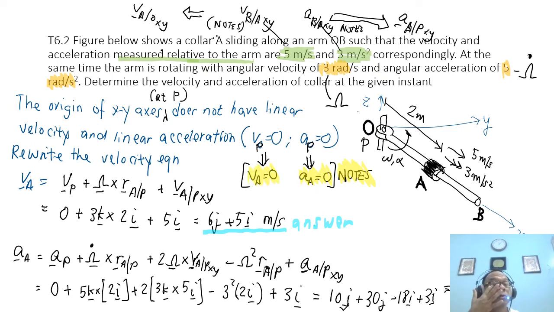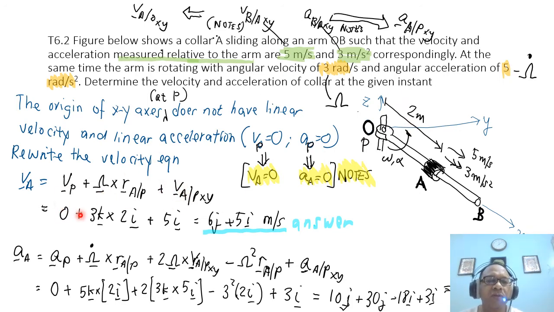Okay, so we can rewrite the velocity equation using our current system. So VA, which is the velocity of the collar, equals Vp, the origin, plus omega, the rotating speed of the coordinate system, cross position vector A relative to P. This is also given, 2 meters here, plus the relative velocity.